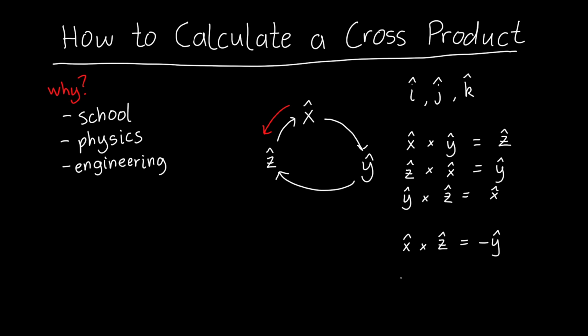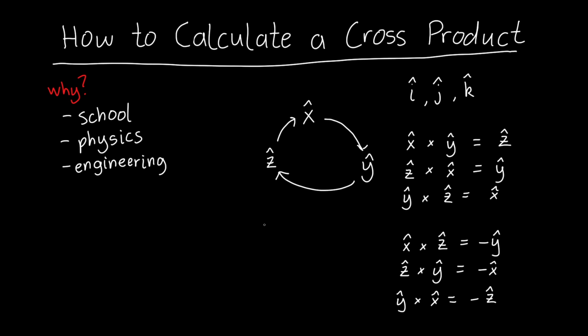And similarly, z hat crossed with y hat is equal to negative x hat. And finally, y hat crossed with x hat is equal to negative z hat. And so this diagram, if we go in the correct direction, so we go clockwise, then we don't have a negative sign. If we go in the opposite direction, so z cross y, then we pick up a negative sign.